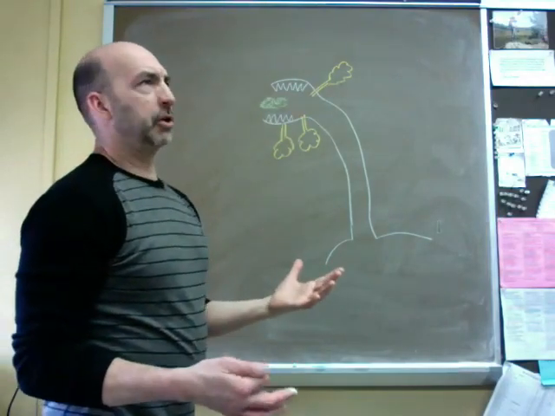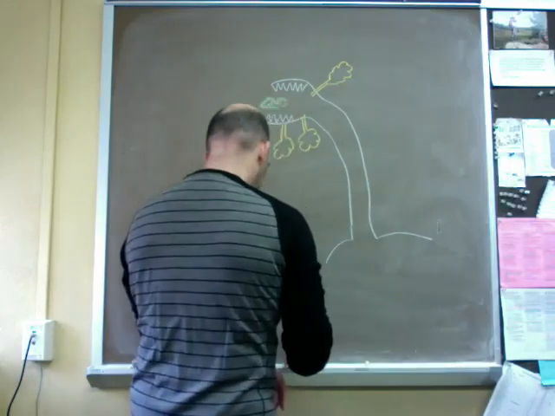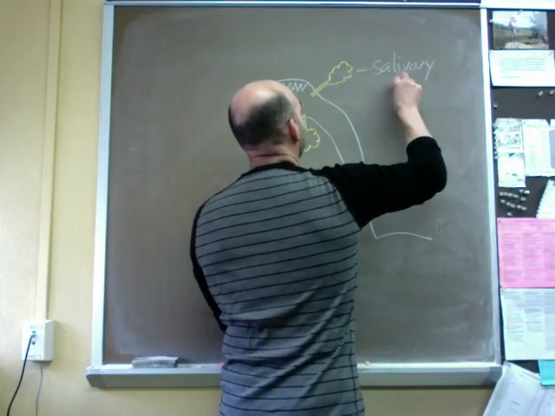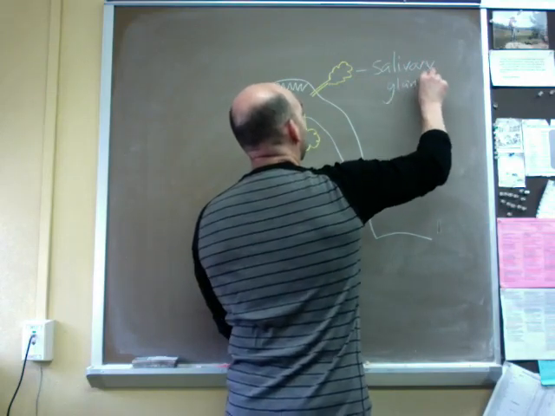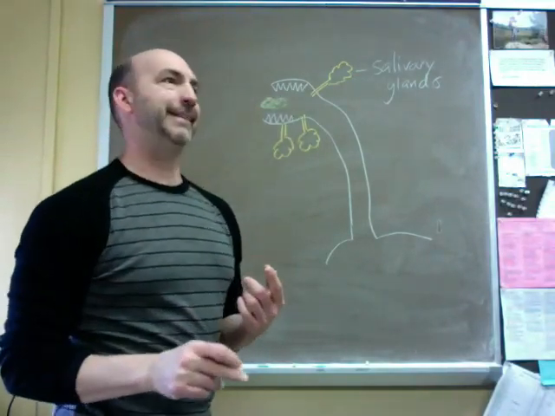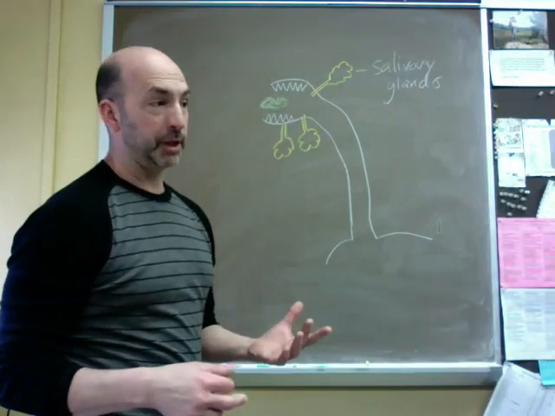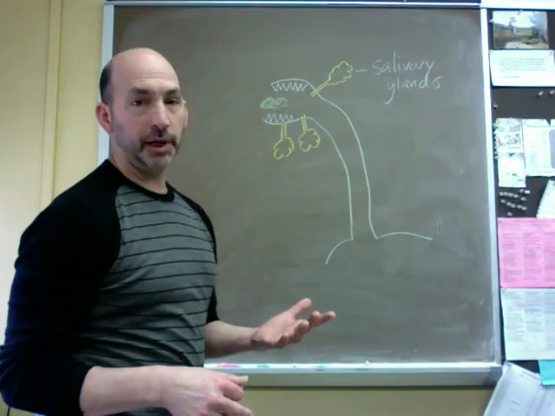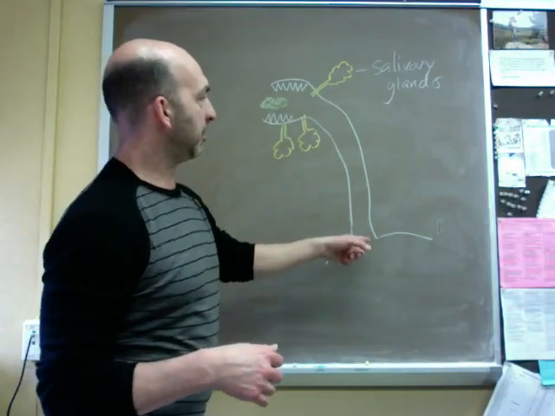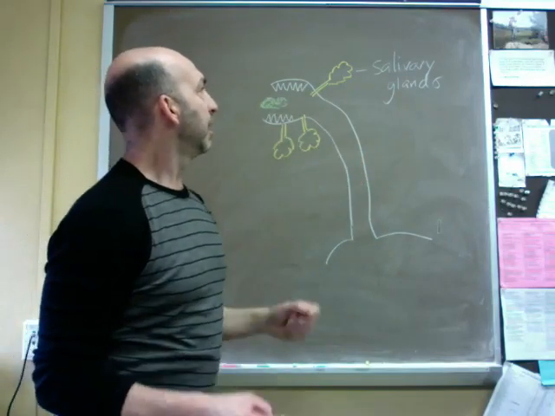The secretions are very similar, not exactly the same, but pretty similar. Label those. And those secretions include mucins, which essentially act as a lubricant to the food. Again, we want to break it up and lubricate it so it doesn't get stuck on the way toward the stomach. Right, it's got to pass through the pharynx and esophagus.